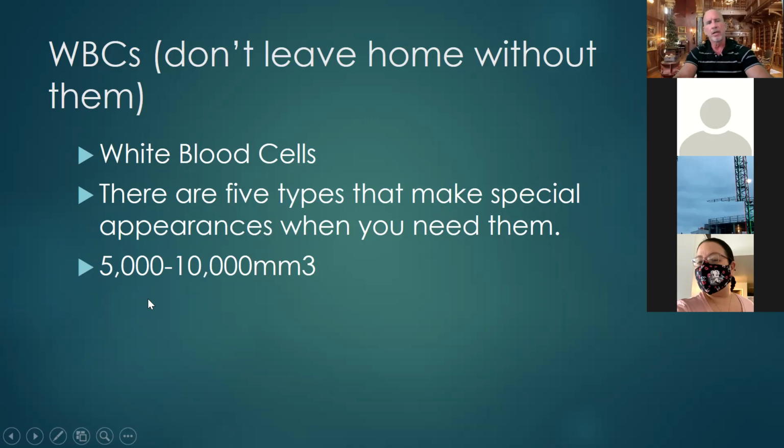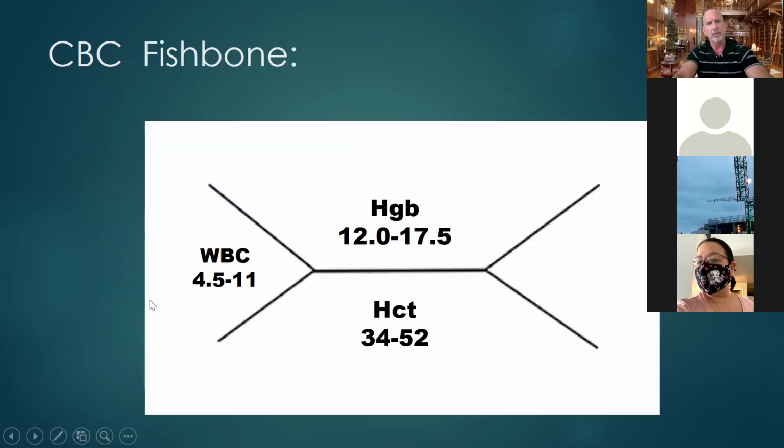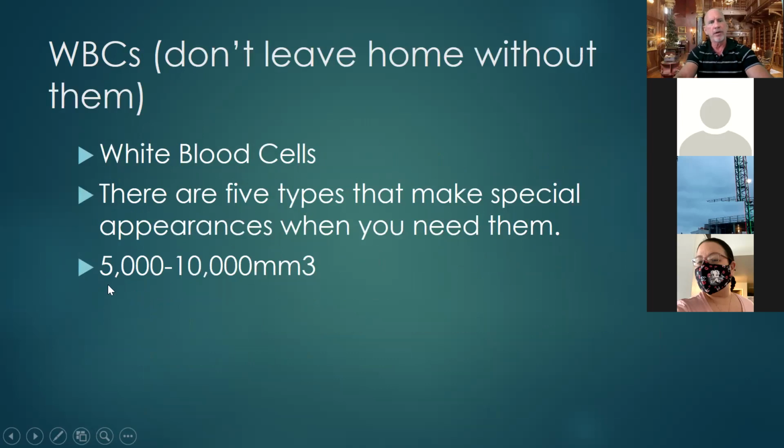Quite often when the lab values are in the thousands, we don't say the normal value is 5,000 to 10,000. We say it's 5 to 10, and over here they would put a K for 1,000. So if somebody says their WBC is 8, you have to think 8,000. Just a shorthand we use.